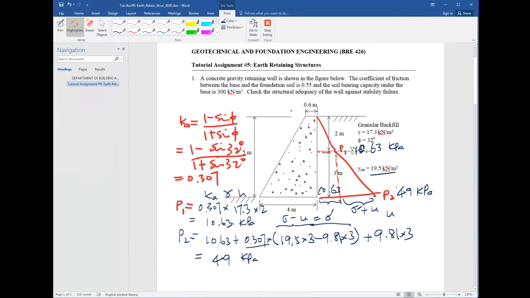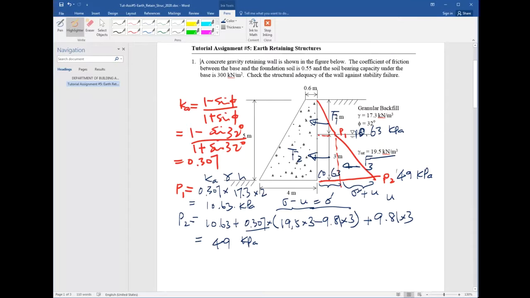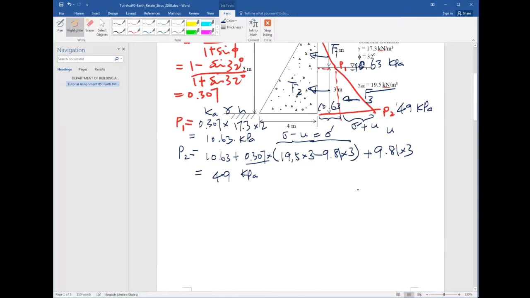Now, can you work out the force here? F1, F2, and F3, right? What's F1? The area, right?